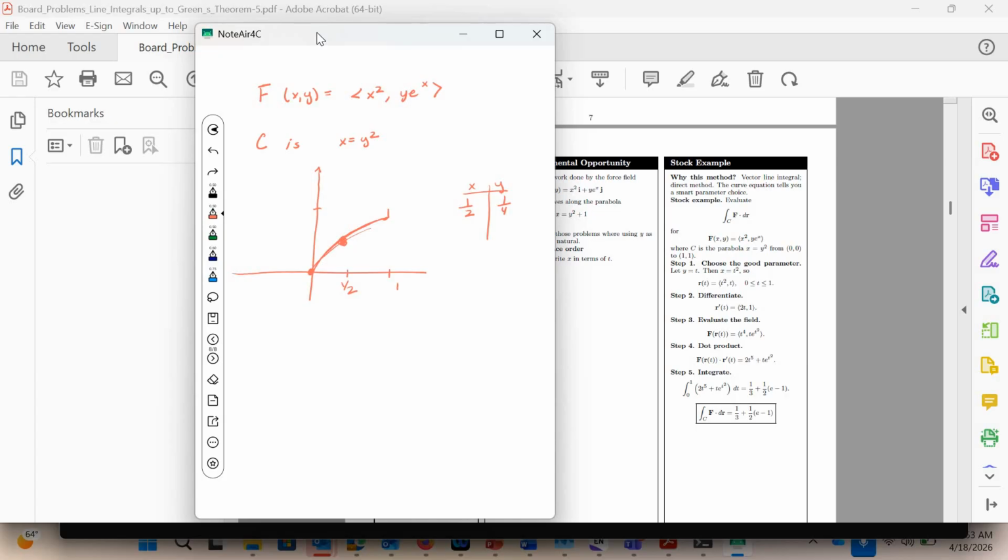I'm just taking 1 point just to show you what I'm looking at. I had that wrong. So if y was 1/2, then x would be 1/4. So that's correct. If I have 1/4 here, I get 1/2 here.